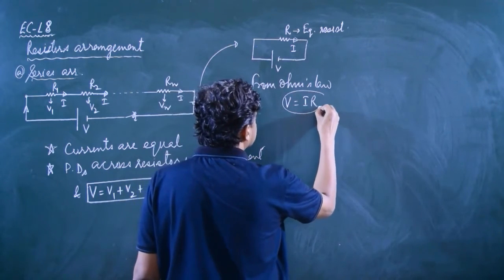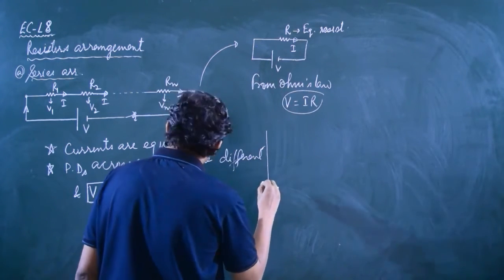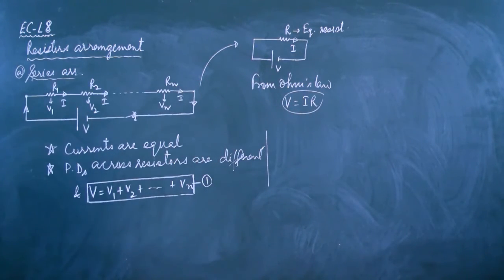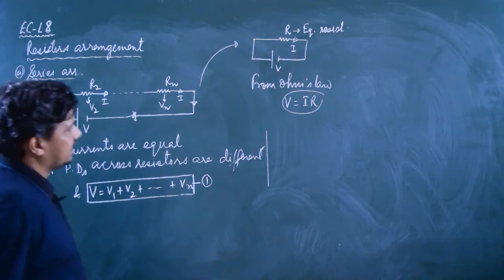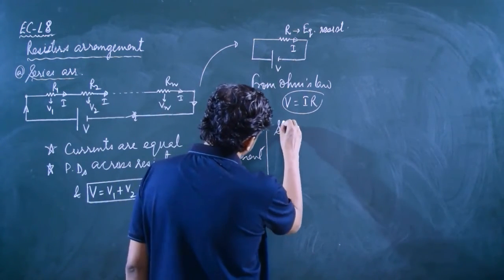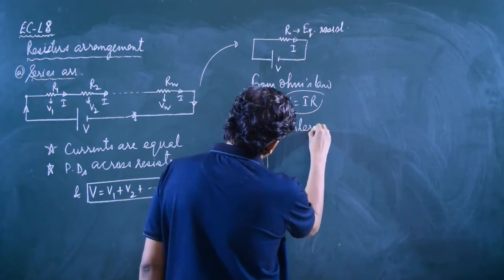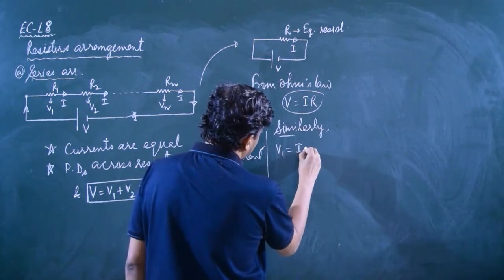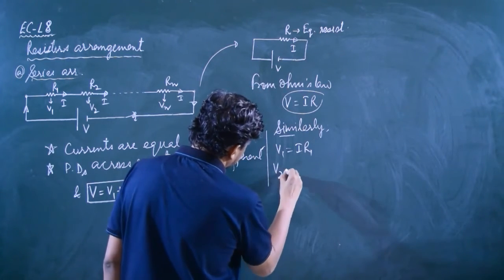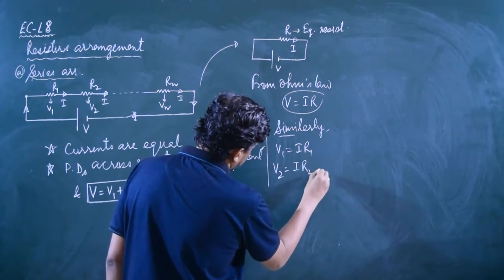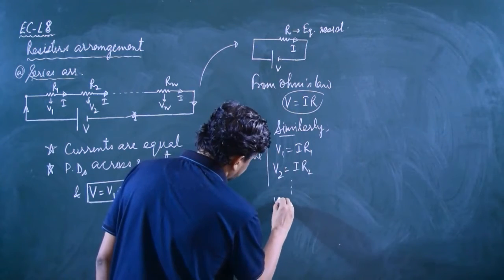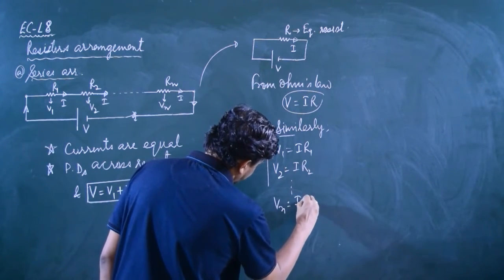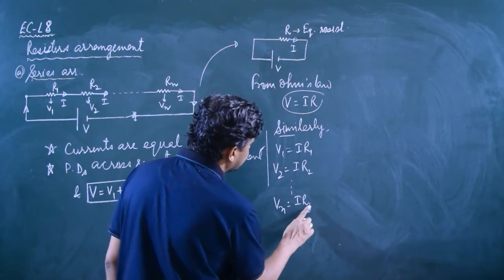Okay, now see, we have to get the result in V itself because the first equation is in terms of V only. Okay, so similarly we may write V1 is equal to IR1, V2 is equal to IR2 and so on, Vn is equal to IRn.